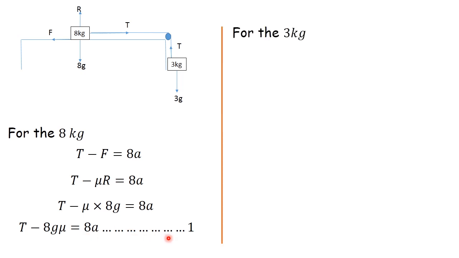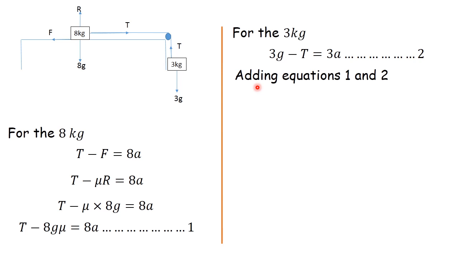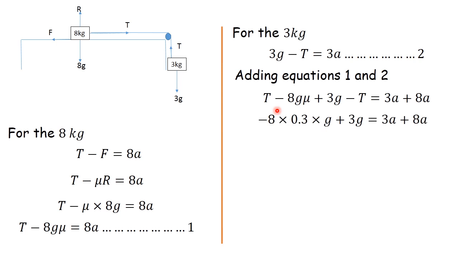Then we consider the 3 kilogram mass. It is moving downwards, so 3g is greater than T. So the resultant force is 3g minus T equals 3a. We add the two equations to eliminate the T. So we shall have T minus 8g mu plus 3g minus T is equal to 3a plus 8a.